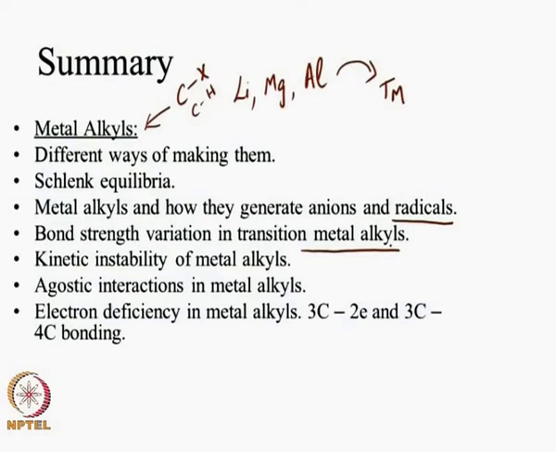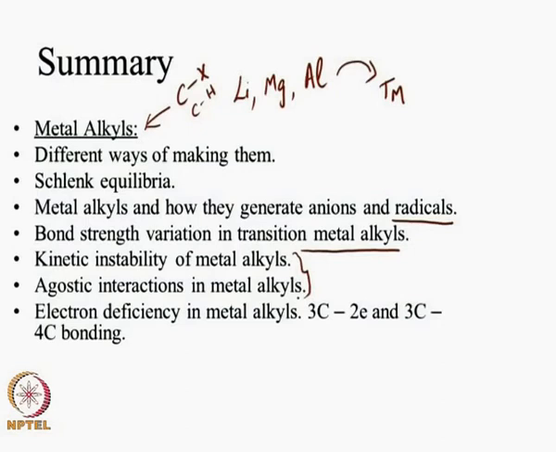In the case of transition elements and their alkyl compounds, we have kinetic instability because of the beta hydrogen. We can have agostic interactions of the beta hydrogen with the transition metal, and that leads to decomposition pathways, so it is difficult to make transition metal alkyls with a beta hydrogen, unless they have a saturated metal center.